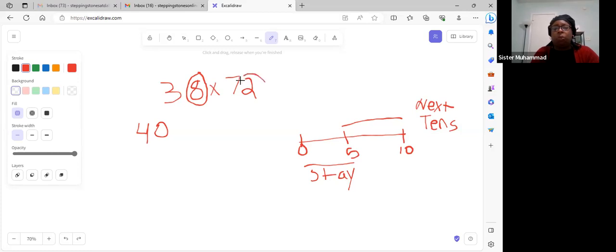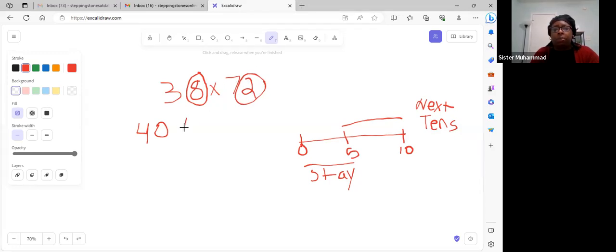We're going to look in the ones place and ask ourselves, are we going to move up to the next tens, or are we going to stay at the tens that we're at? Well, 2 is between 0 and 5, so that means we're going to stay at the tens place that we're at. But this 2 is changed to a 0.